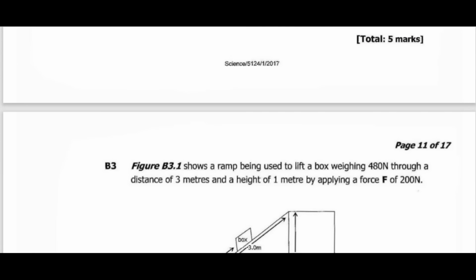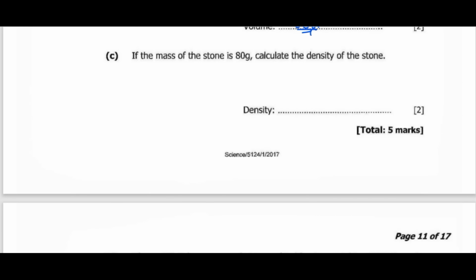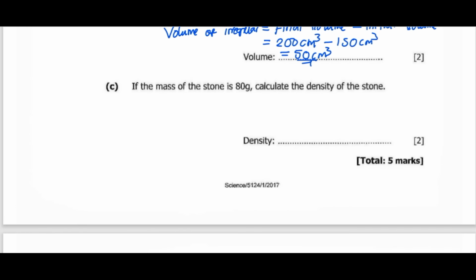Then we move on to question C. If the mass of the stone is 80 grams, calculate the density of the stone. So we know that density is equal to mass over volume. What is our mass? 80 grams over 50 cubic centimeters.